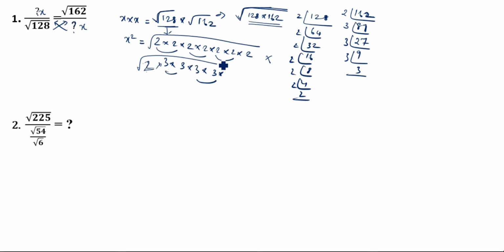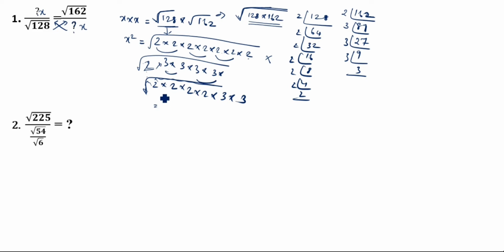So we have to take 2 into 2, no? You take one pair from each. How many pairs are there? One pair, this is 2 pairs, this is 3 pairs, and this and this is 1 pair. So into 2 into 3 into 3. This is not root; 1 is taken.